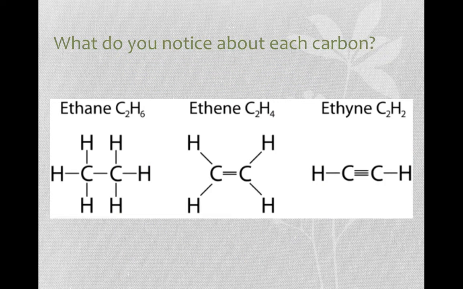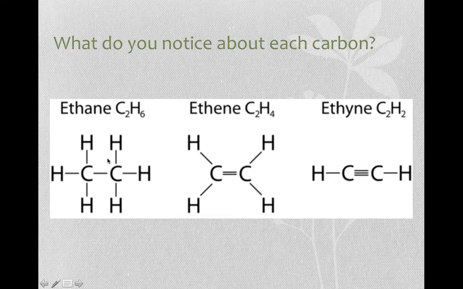So take a moment and look at these carbon molecules. What do you notice about how many bonds each carbon has? Well, you might have noticed each carbon has 4 bonds, and I'll show you. So each of these lines represents 1 bond.